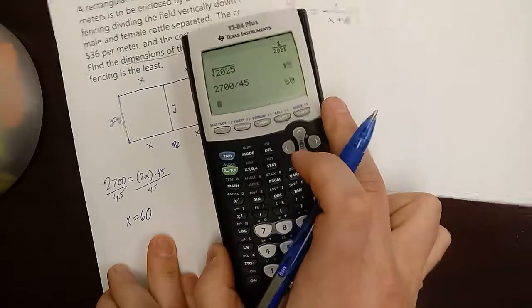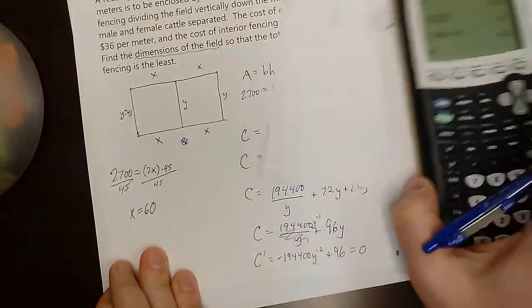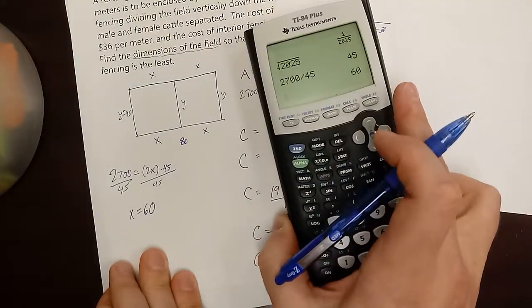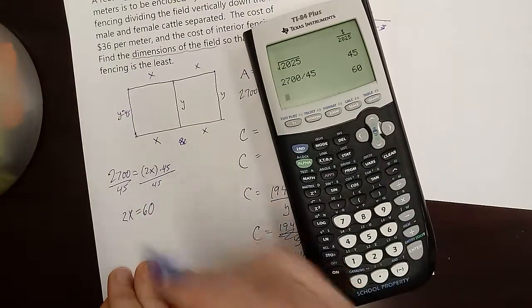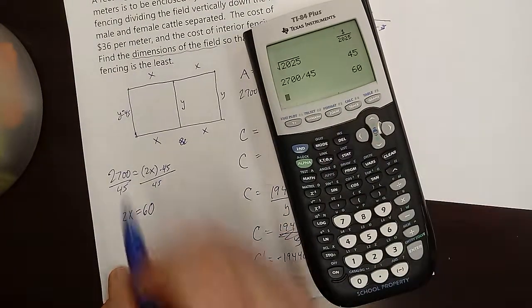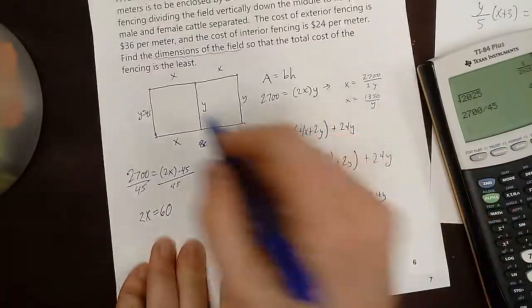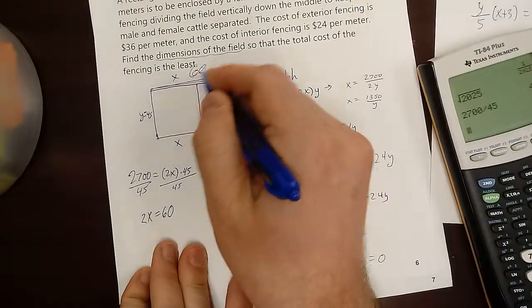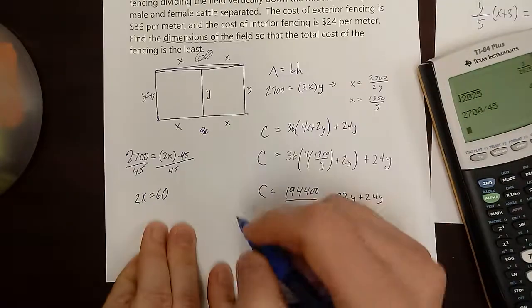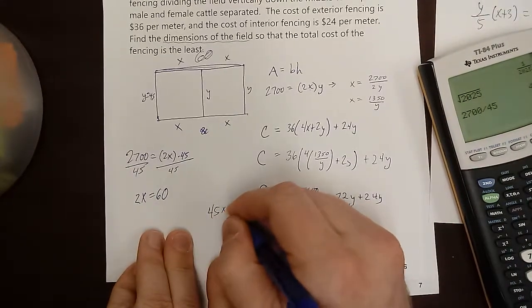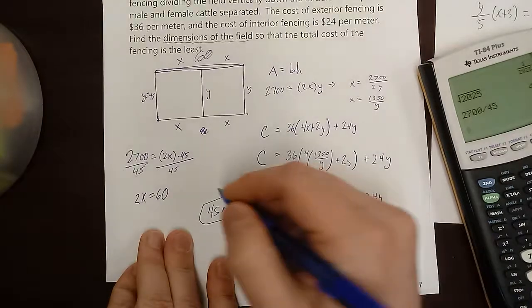All right, so x is 60, y is 45. Oh wait, I'm sorry. I didn't get x is 60, I got 2x is 60. That means each of these little pieces is 30, but I don't care about that. I care about the dimensions of the field. I care that the whole thing is 60 and that's 45. So a 45 by 60 field.